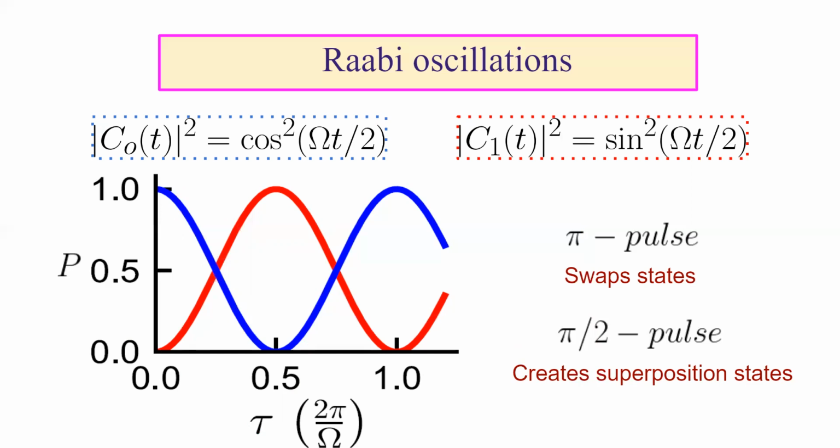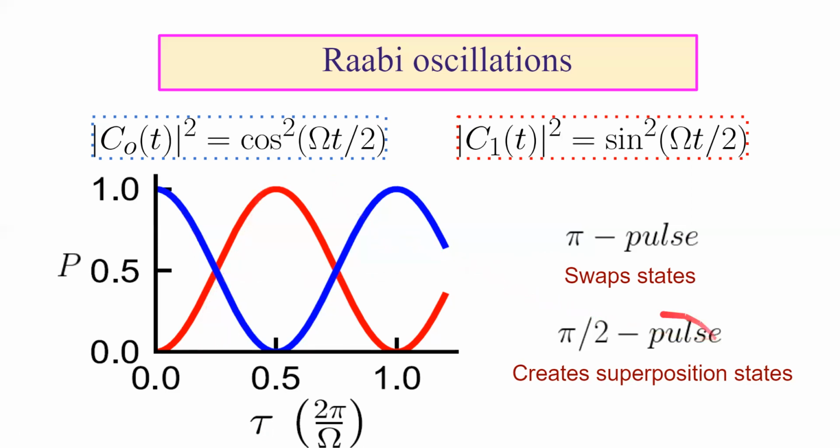I'm able to control the states of my qubit, manipulate it, using an external drive. Right? I'm using an external drive of a particular strength that decides the Rabi frequency, and of a particular width in time, pulse width tau, so as to alter the states, making use of Rabi oscillations.